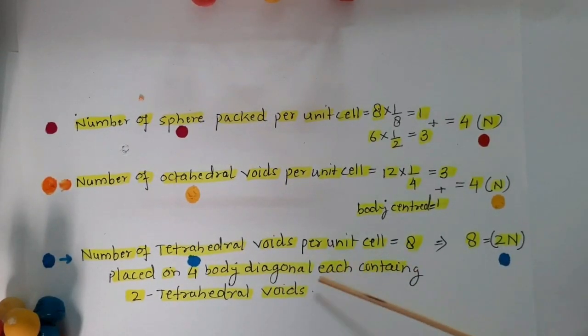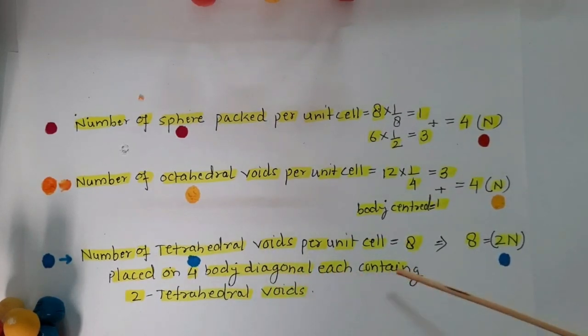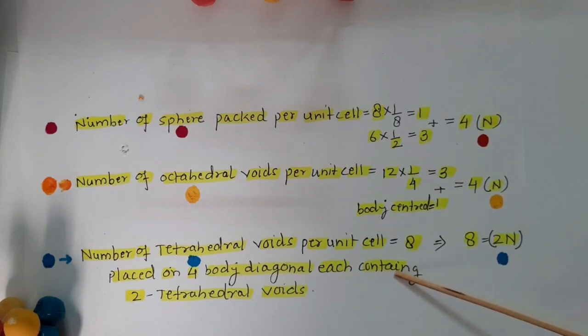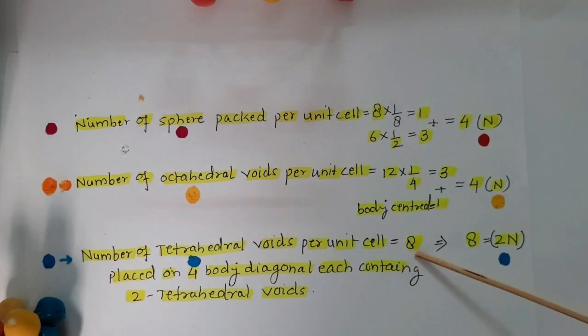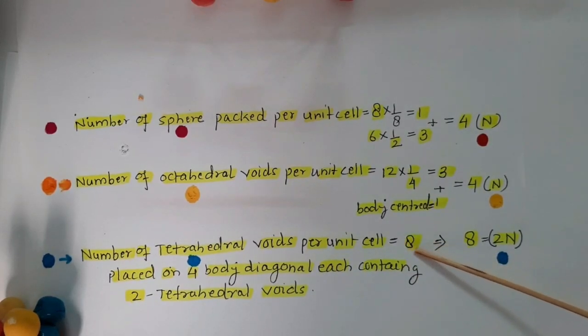Now let us calculate the tetrahedral voids per unit cell. Since tetrahedral voids are located on the body diagonal and the body diagonal lies inside the unit cell, and they are isolated to a particular unit cell only, all the 8 tetrahedral voids will be placed inside the unit cell.